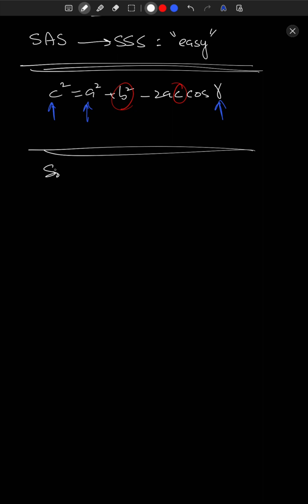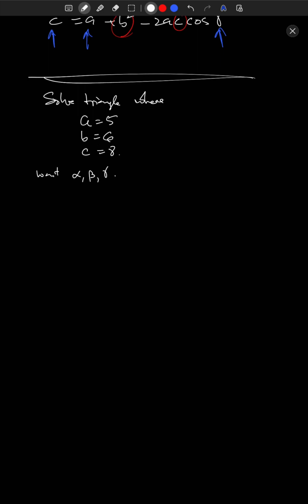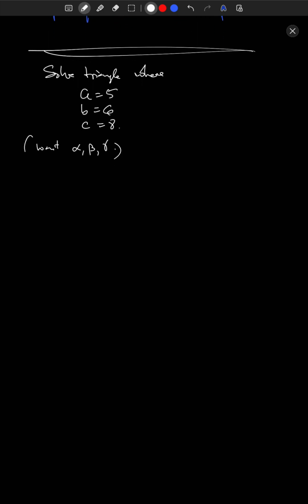So solve triangle where a equals 5, b equals 6, c equals 8. All right. So in other words, we want alpha, beta, gamma.